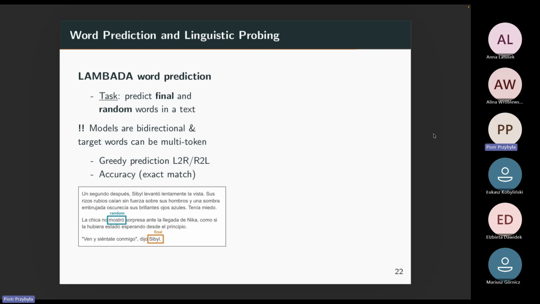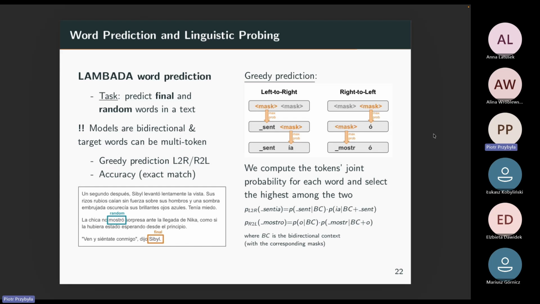Now there's a complication. I'm not going to make you guess what it is, because the complication is that it's not trivial to represent the probability of a word when the word is split into multiple tokens, right? Because the probability is always conditional on everything else. So because of that, we had to go through a bit of complication by using a joint probability.